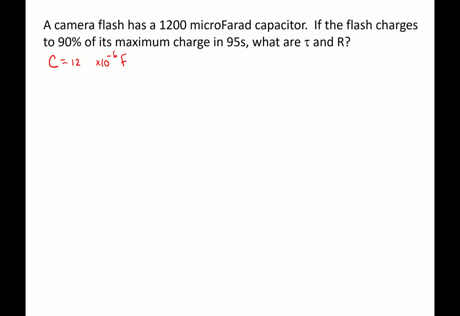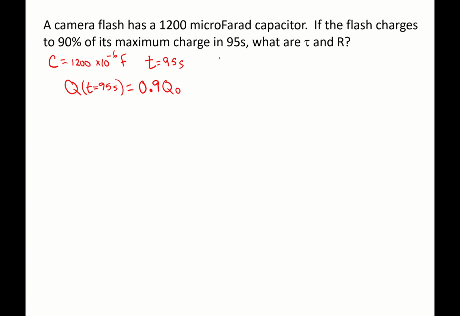And they tell us that at t equals 95 seconds, the flash charges to 90% of its maximum charge. So Q at t equals 95 seconds is equal to 0.9 times Q0.